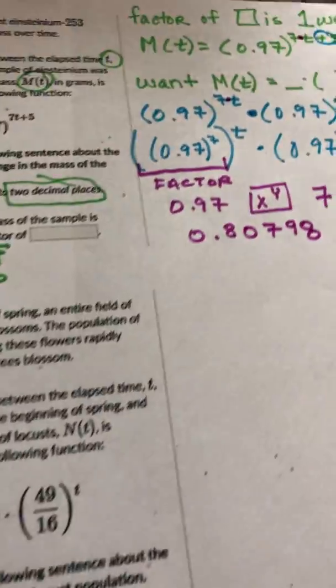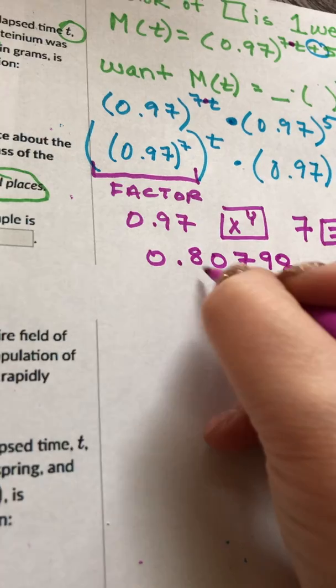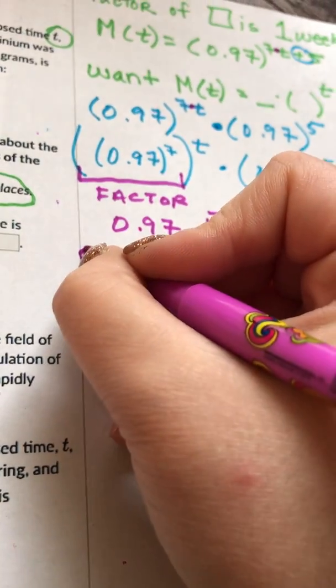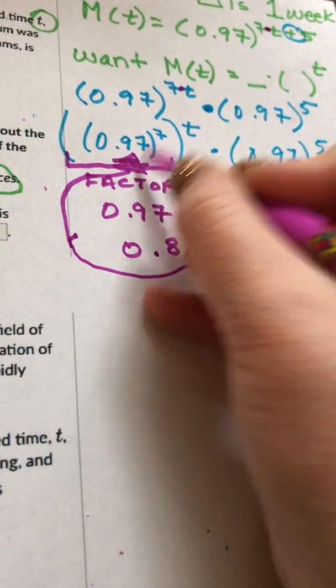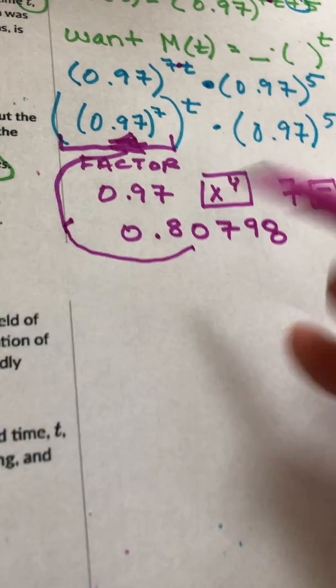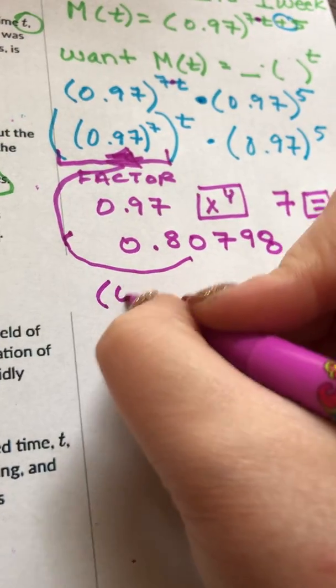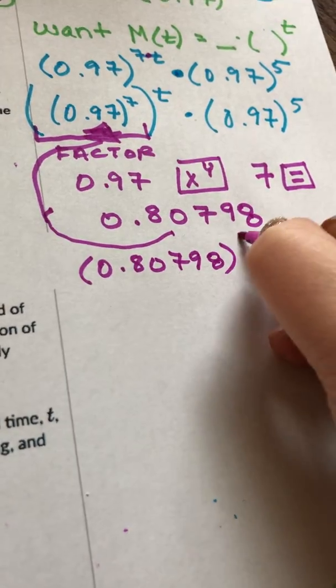Okay, so now let me rewrite this. Instead of that 0.97 to the 7, I'm going to put this pink thing that I got. So parentheses, 0.80798 to the naked t.